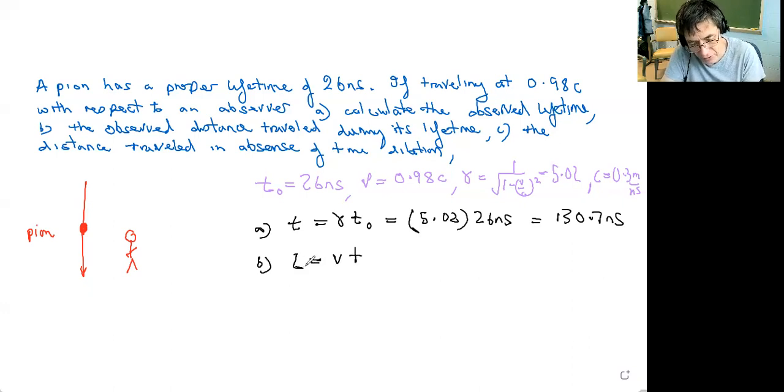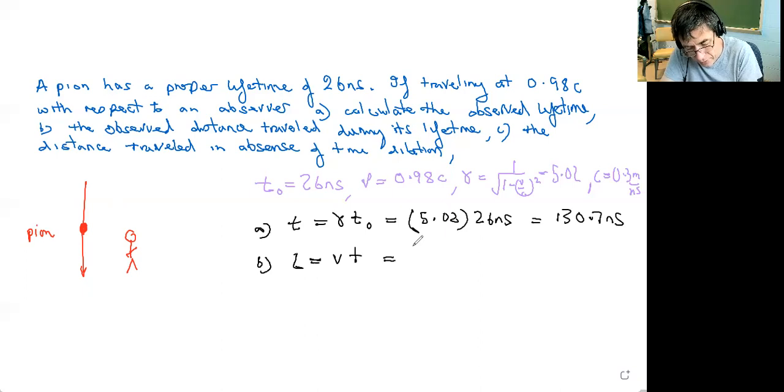So the distance traveled by a moving particle is the speed of that particle times the length of time that it's traveling for. We know the speed of the particle. It's 98% of the speed of light. We know the time it's traveling for, as seen by the observer. That's 131 nanoseconds. And so I've just got to multiply those two numbers to find out the distance the observer sees the time-dilated pion travel.